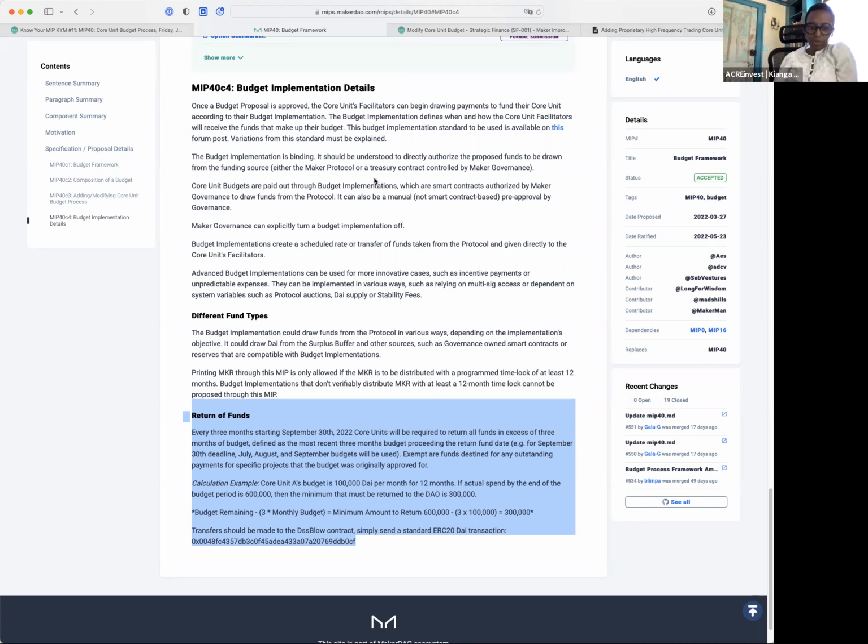So no one should feel shy, from my perspective, about tagging myself, or I can't speak obviously for all the delegates, but so far, I don't want to open up a can of worms here, but so far I found it helpful when different core unit leads have pinged us, and sometimes I think that happens from Gov Alpha as well, when there hasn't been a lot of feedback. I find it helpful.